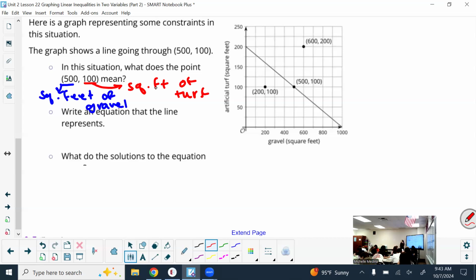As far as the equation goes, you could have put it in slope-intercept form, or you could have used your x and y intercepts. Up to you. If you did it in slope-intercept form, what's my y-intercept? Then the 200 would be the constant.